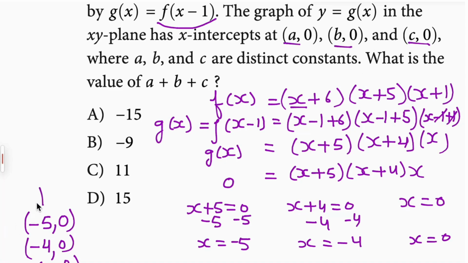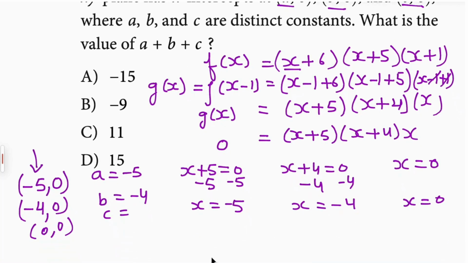That means a is negative 5, b is negative 4 and c is equal to 0, right? Now what the question needs is a plus b plus c. That means negative 5 minus 4 plus 0, not 10, I'm sorry, is equal to negative 9. So that means B is the right option.